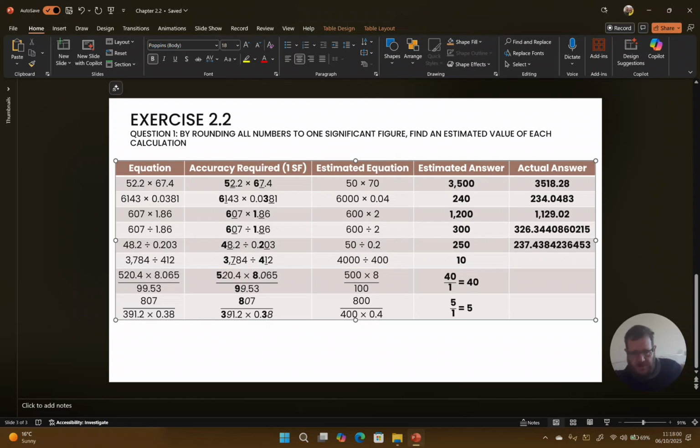The next one is 3,784 divided by 412, which is, right, let's look at this one. 1, 2, 3, 4, 5, 6, 7, 8, 9, 10, 11, 12.